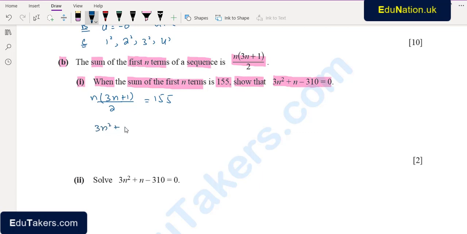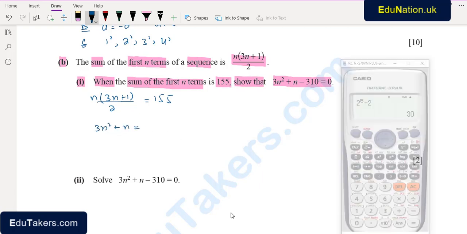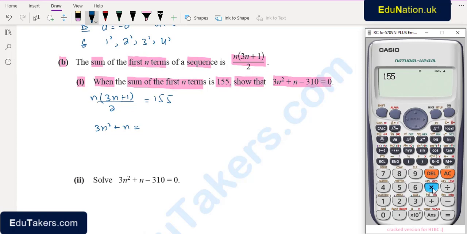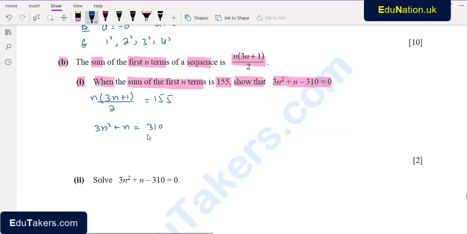This will be 3n squared plus n equals 155 times 2, which is 310. So 3n squared plus n minus 310 is equal to 0. Hence proved.